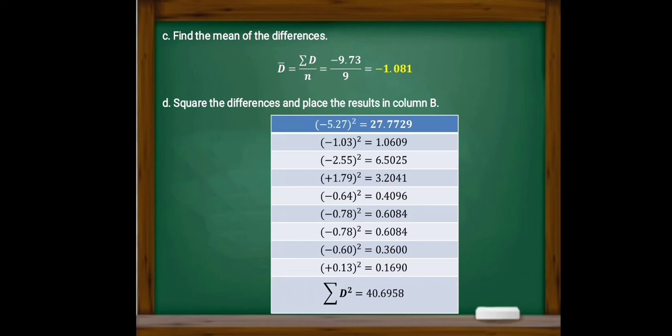Now, since we are done with the mean of the difference, let's square the differences and place the results in column B. So, we square the differences. Then, after squaring the differences, we add until we can get the summation of the squared differences is equal to 40.6958.